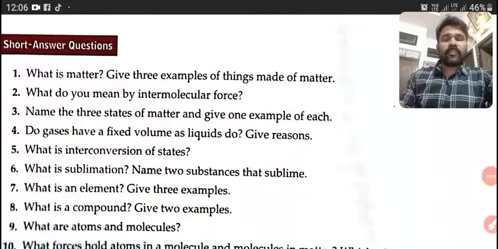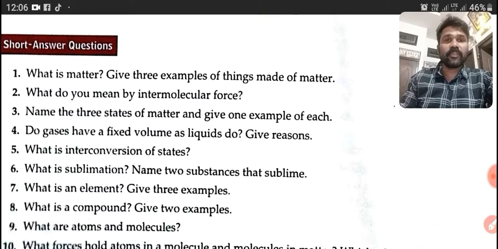Our next question is question number 4. Do gases have a fixed volume as liquids do? Give reasons.